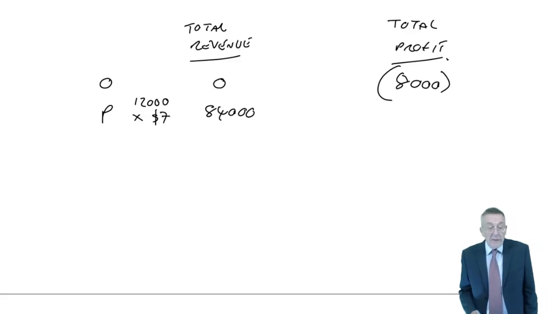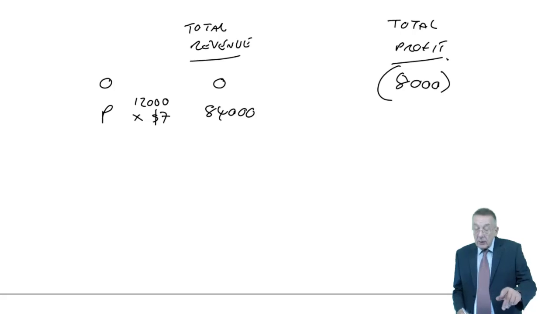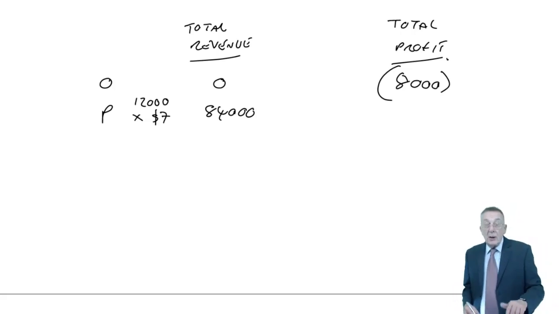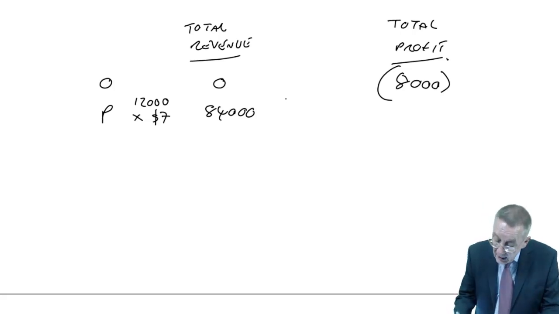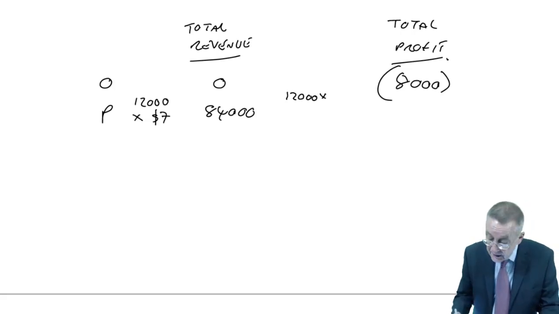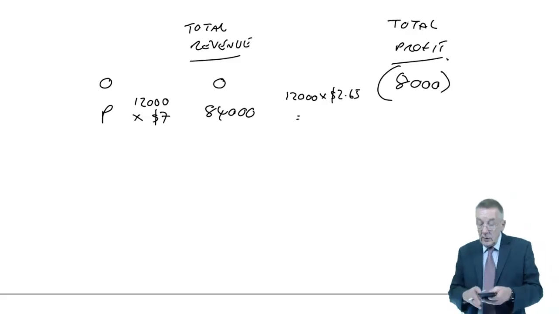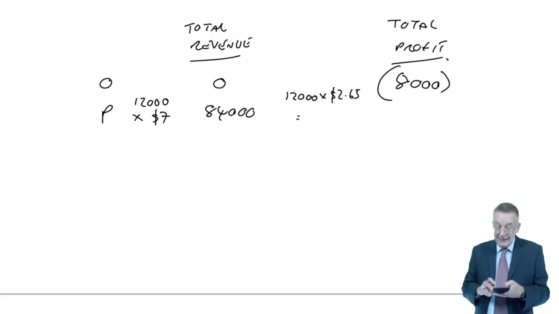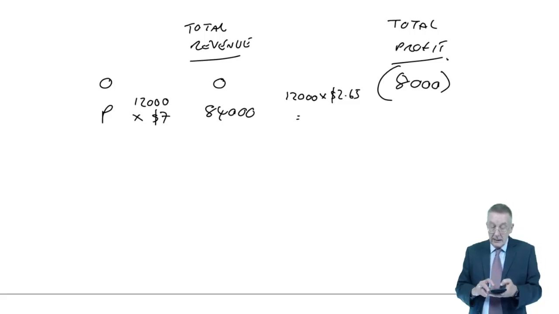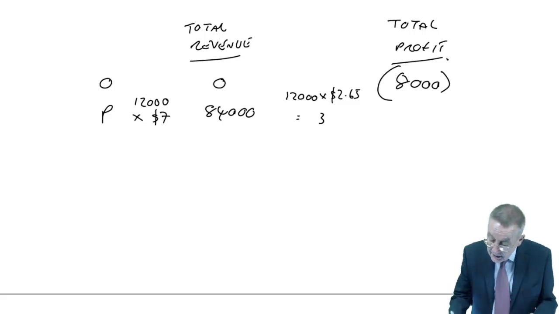And what will have happened to the profit? Well, by the time we sold all 12,000, we'll have contribution of 12,000 times 2.65, which is 31,800.